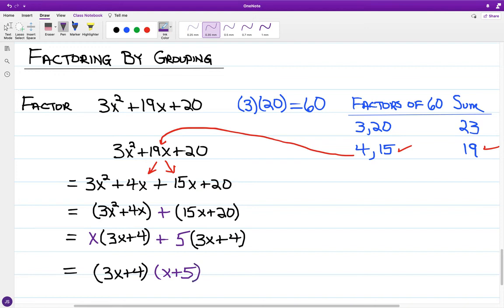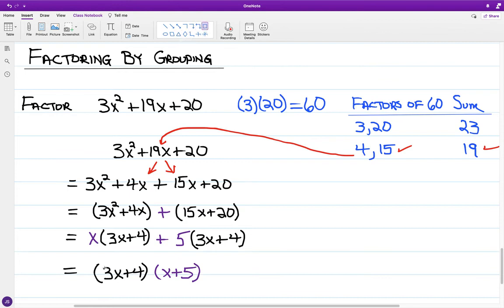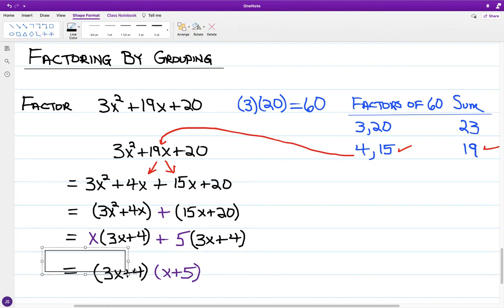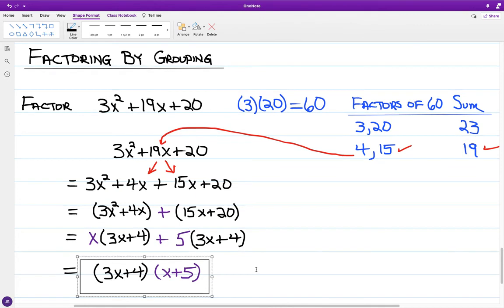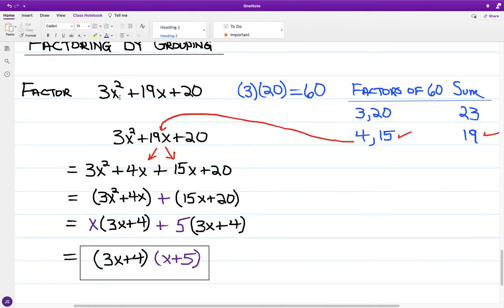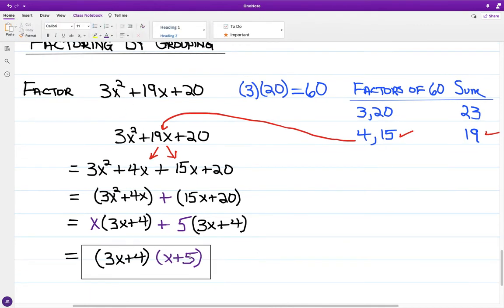So our two factors are 3x plus 4 and the quantity x plus 5. And you can check for consistency. Again, 3x times x is 3x squared. 3x times 5 is 15x. We got 4x. 15x plus 4x is 19x. And we have plus 20 at the end.